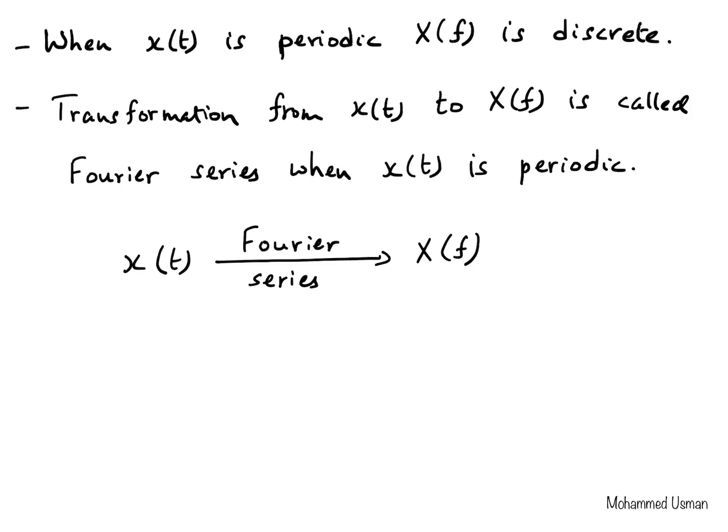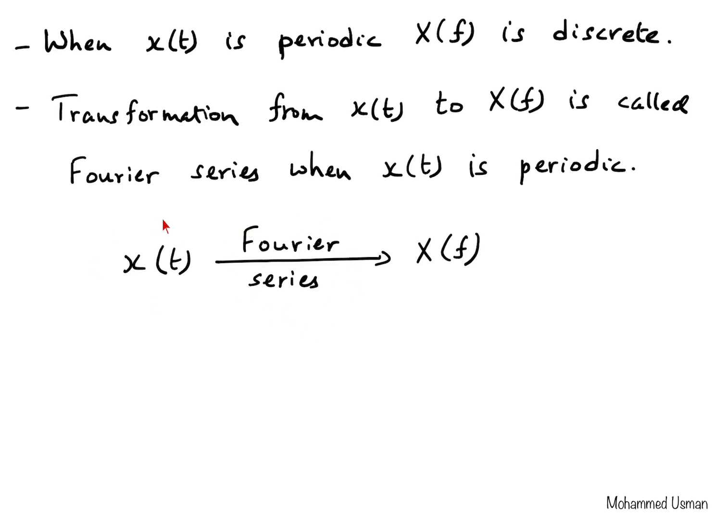So that is what we have summarized here: when the time domain signal x of t is periodic, then the frequency domain representation is discrete, and the process of converting from the time domain to the frequency domain when x of t is periodic is called the Fourier series transformation.